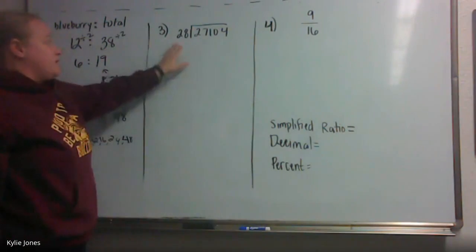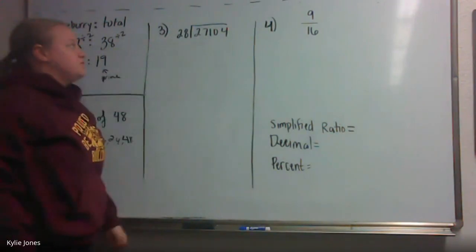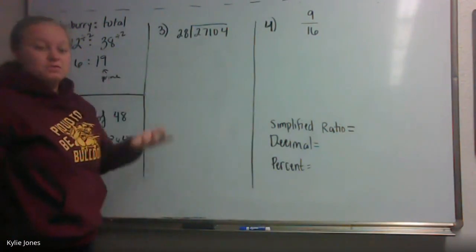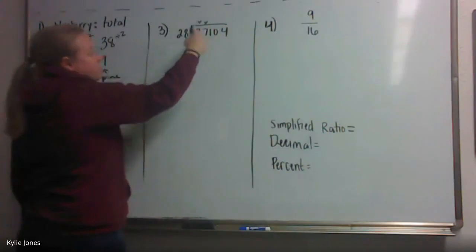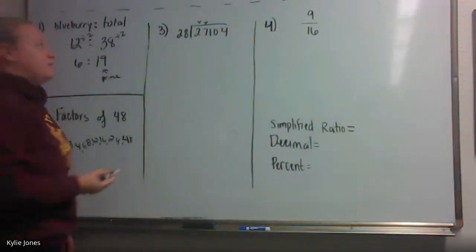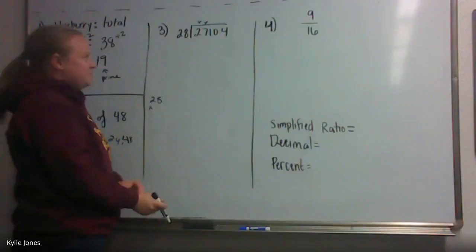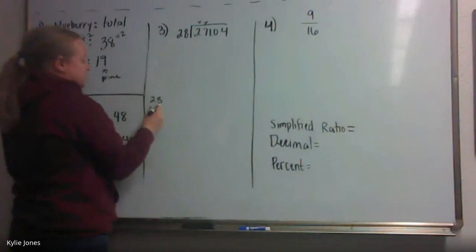So 28 going into 27,104. Does 28 fit into 2? Doesn't fit into 2 or the 7, but 271, we need to figure that out. How many times does it go? What number did you guys get up there?